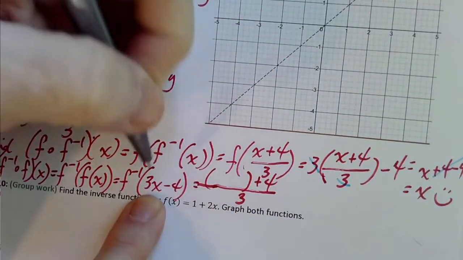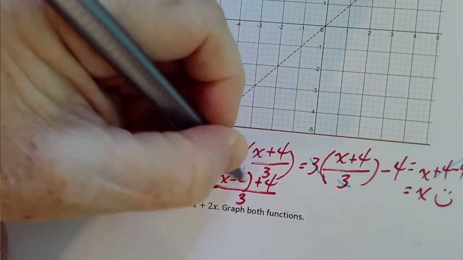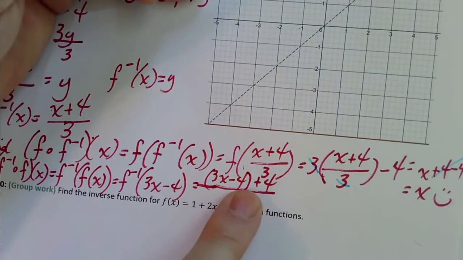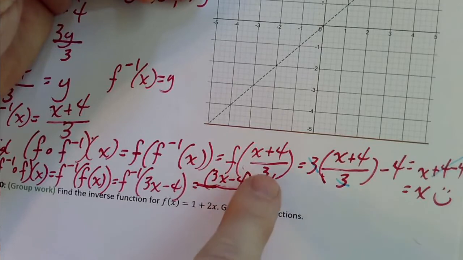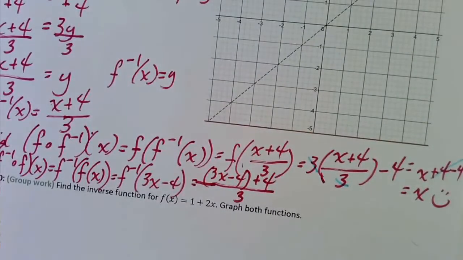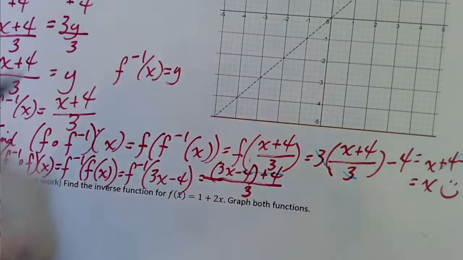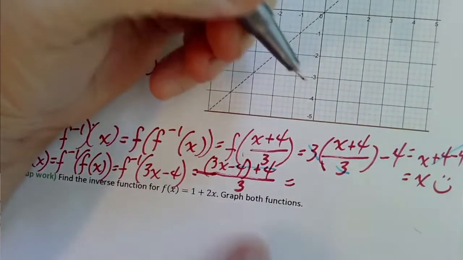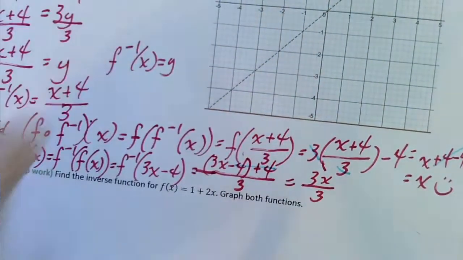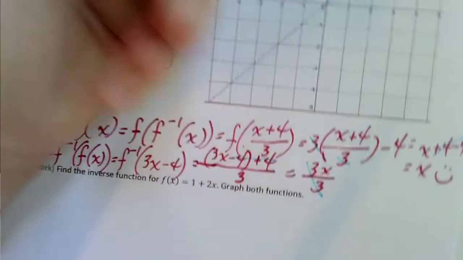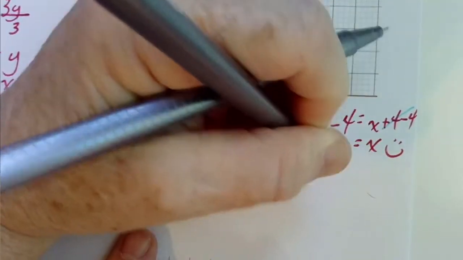And we're going to plug in 3x minus 4 instead of x. And what happens immediately? In the numerator, we have 3x minus 4 plus 4. Now we just have 3x over 3. The 3's cancel or divide each other out, and we're left with x.